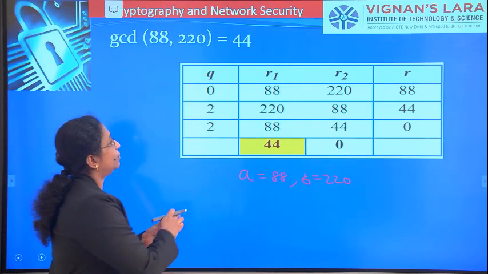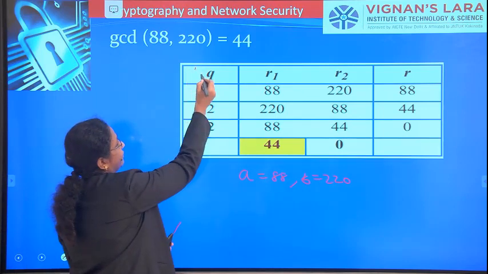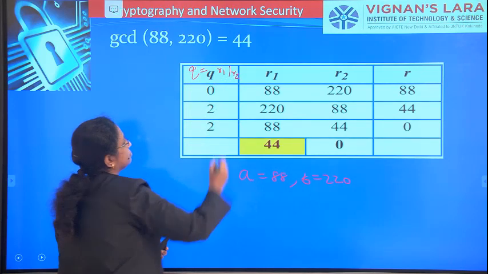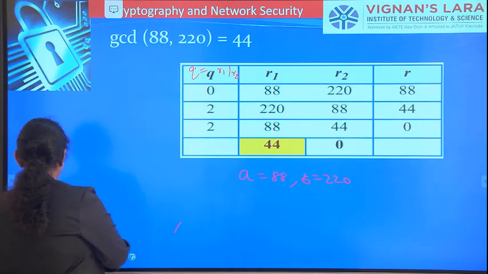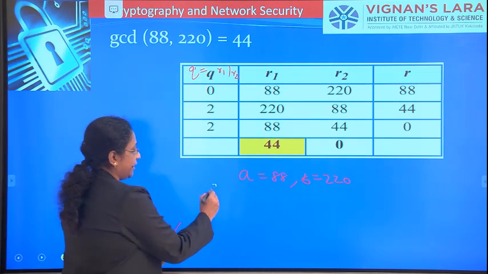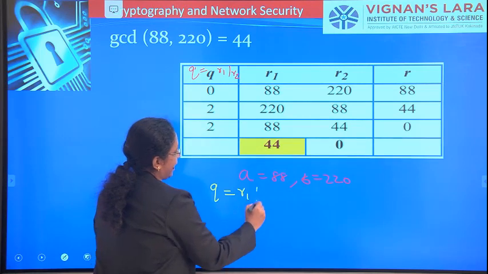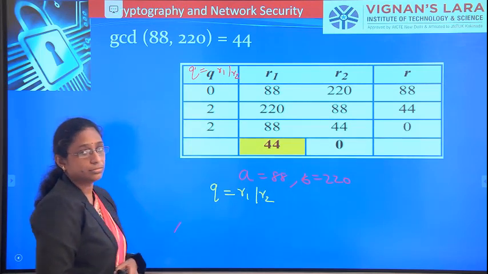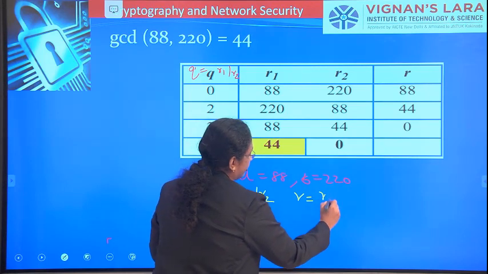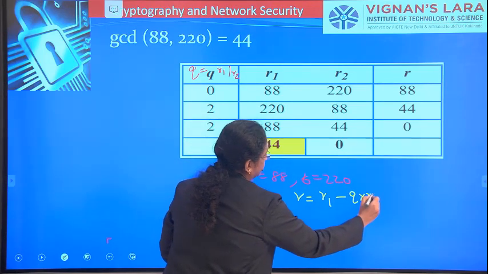Here the quotient can be calculated using Q equal to R1 by R2. And for calculating R, we have the formula R1 minus Q into R2.